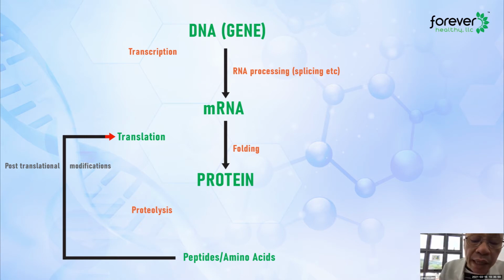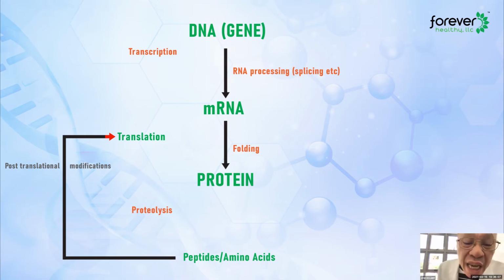Peptides and amino acids are the products of the degradation, or proteins are digested in the process called proteolysis. The proteolysis will now provide our cells with peptides and amino acids.